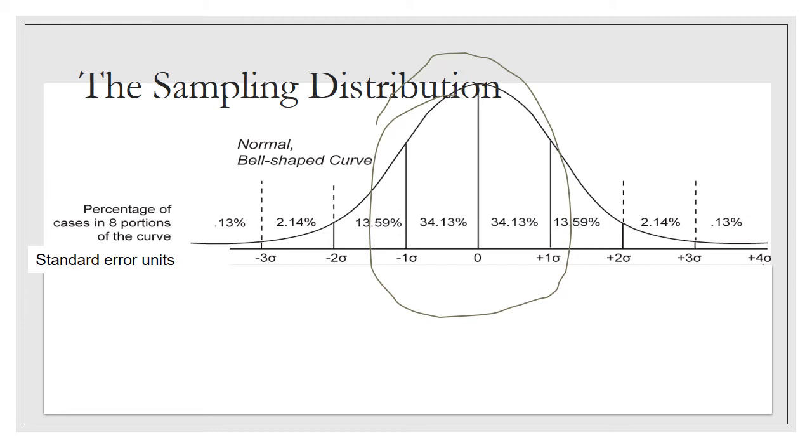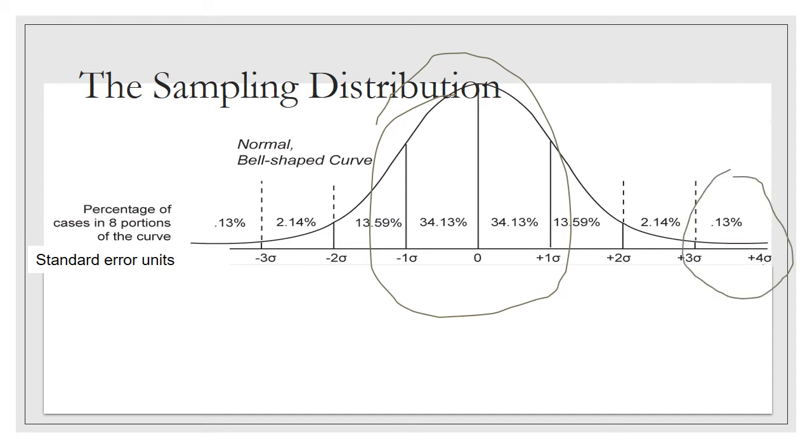But also, one should think about our standard error units. Most of the time, if we were to sample and get a mean, it's going to be in the central region. If you look at those percents, you see about 70%. I'm just rounding. About 70% of the time, we're going to find a mean that's within a little bit more than one standard error unit away, plus or minus.